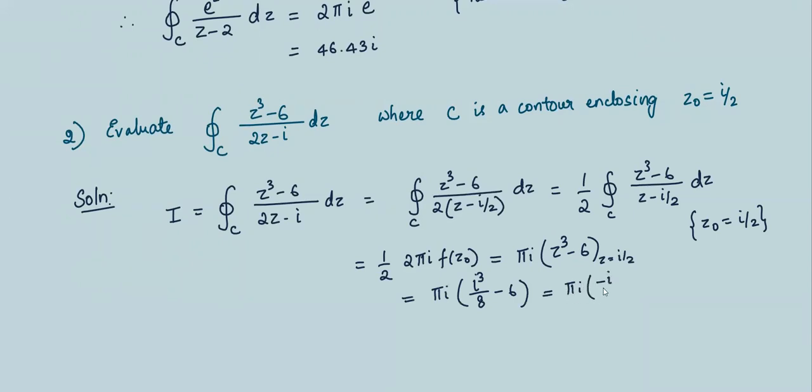I cube is minus I. So taking this inside, pi I times minus I by 8, sorry, minus I square by 8. I square is minus 1. So minus I square will become plus 1. So you get pi by 8. And taking this inside, minus 6 pi I. Okay. So this is the answer. I will write the next problem.